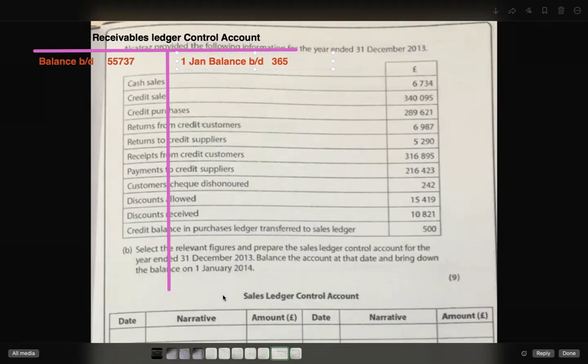Who are receivables? Your friends or relatives? Who are customers in your business? Receivables are what type of customer? Who pays you cash immediately or later?